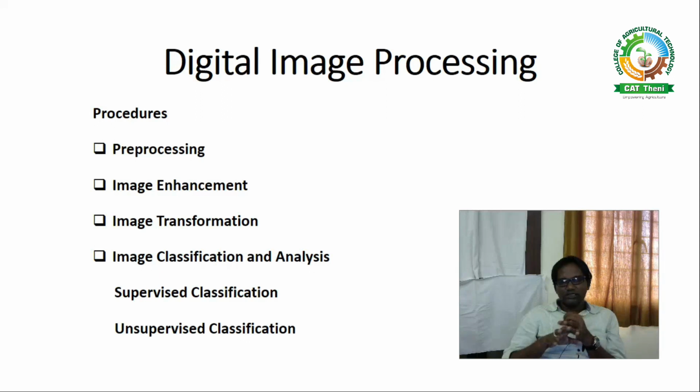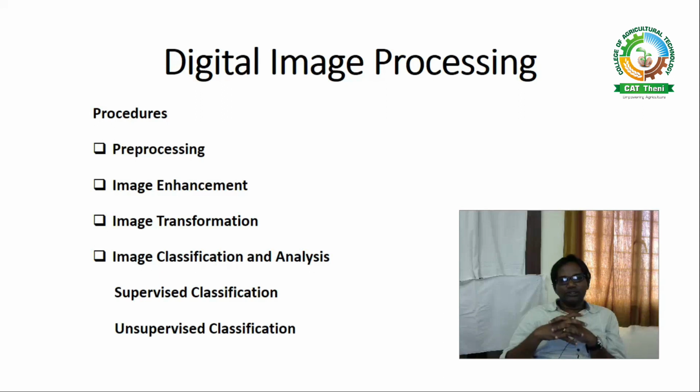These two calculations have to be done for image transformation. Image transformation is nothing but improvement of the image. It means combining and transforming the original bands into a new image. That is called image transformation.